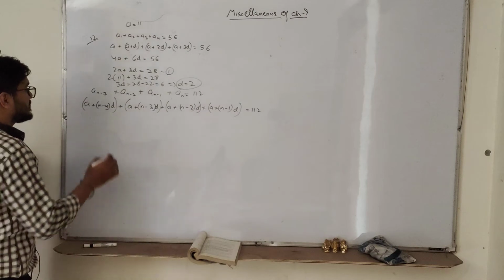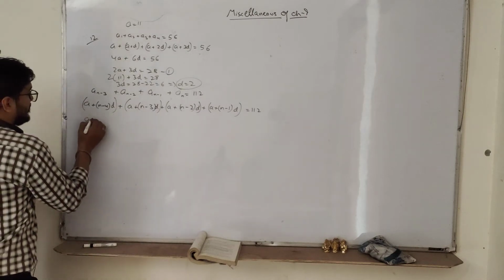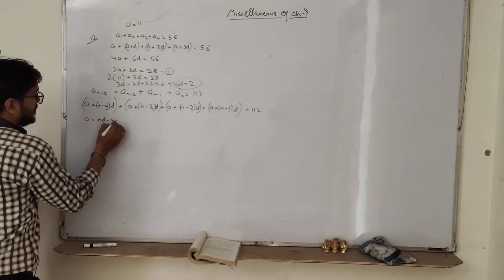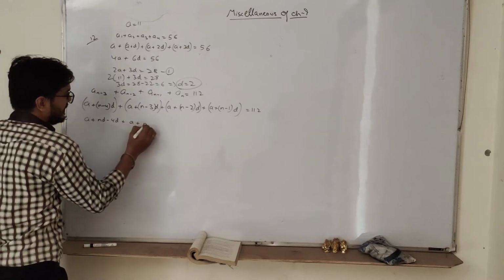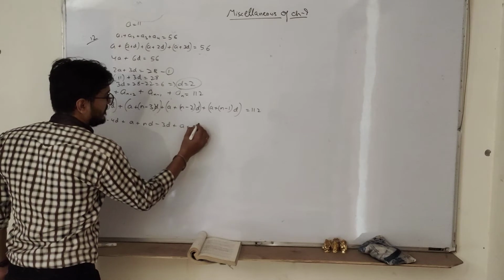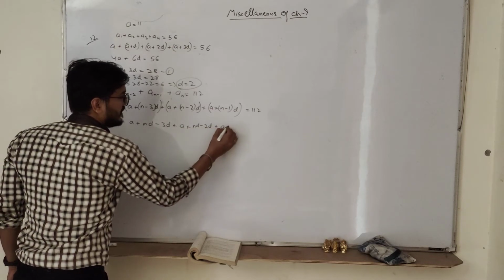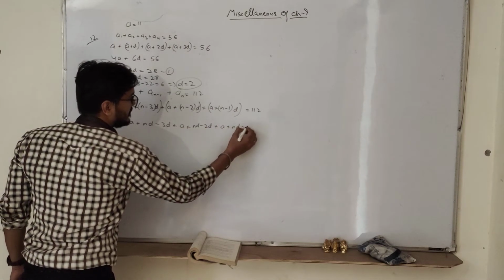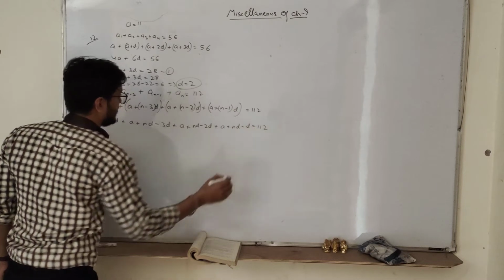Let's first simplify this. So we have a plus nd minus 4d plus a plus nd minus 3d plus a plus nd minus 2d plus a plus nd minus d is equal to 112, right?